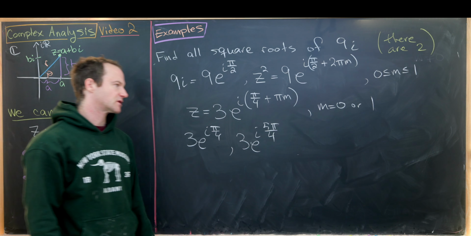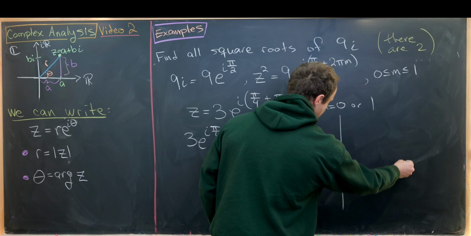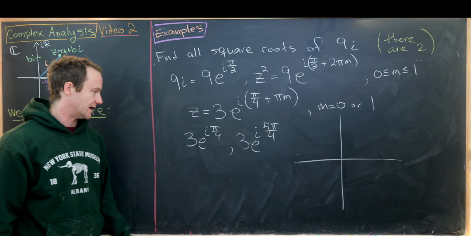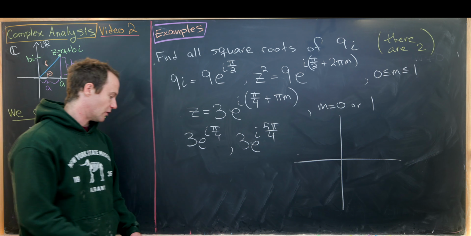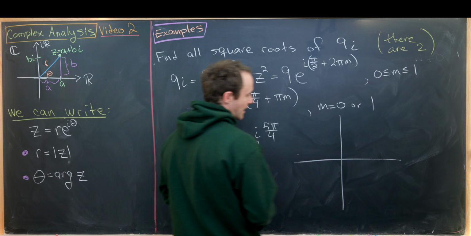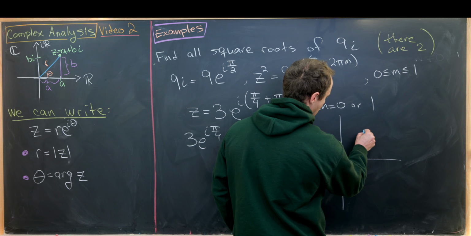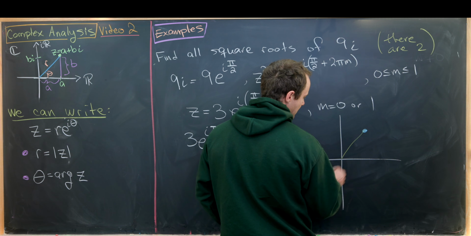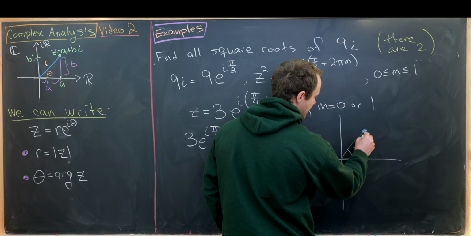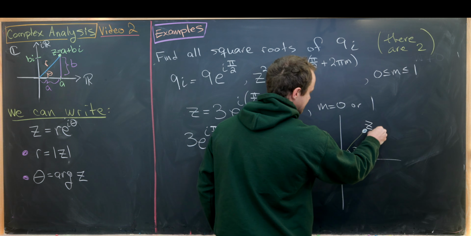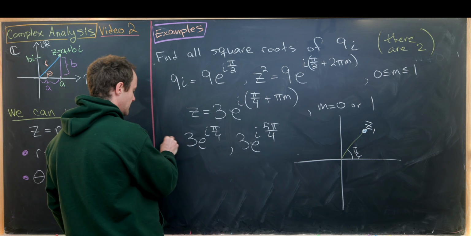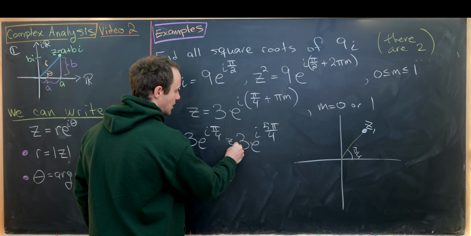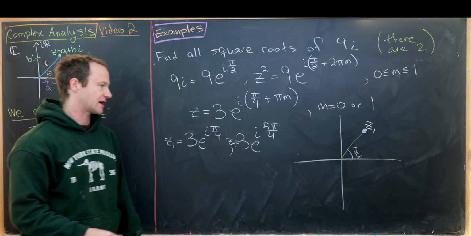So let's see what those would look like if we were to plot them. So there's our complex plane. e to the i pi over 4 will be somewhere over here. So we know the argument is pi over 4. So that's like a 45-degree angle. Here we've got pi over 4 here. So this would be maybe z, I'll call it z1 for my first root, and I'll call this z2 for the second root.